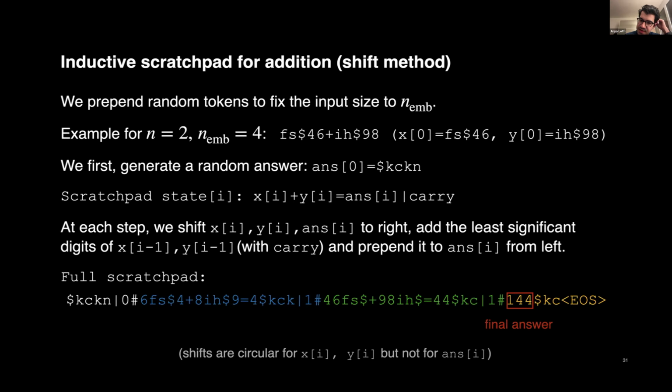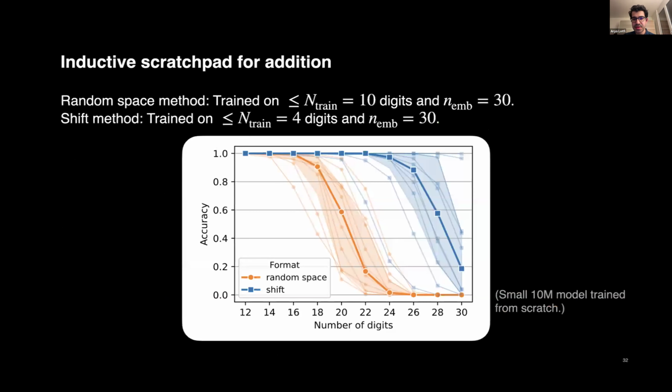Again, we have the different states, and at each state we add the least significant digits of the numbers and go to the next digit. We also keep track of the carry and so on. You can see more details in the paper. Even though this method is a bit heavier on the input formatting, it can generalize to size 26 when trained on size 4, which is more than 6 times length generalization.